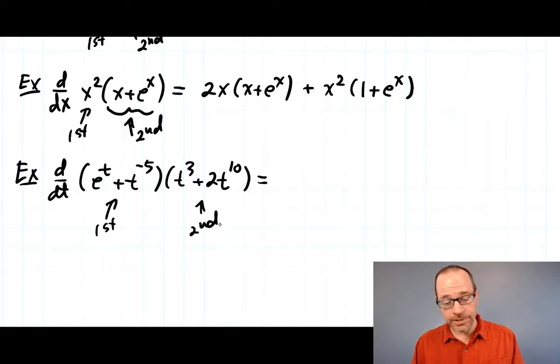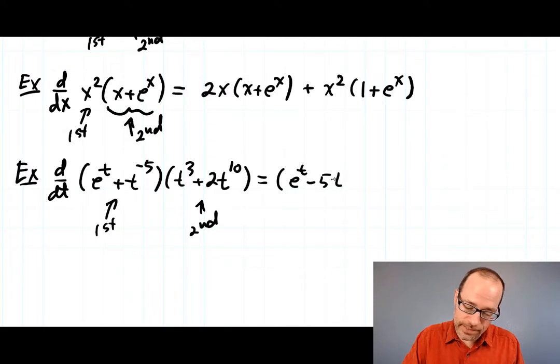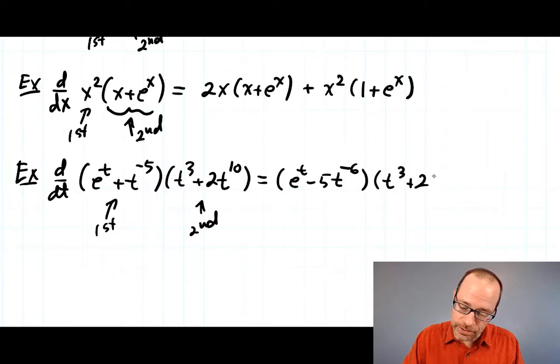And the product rule says take the derivative of the first, so that's e to the t minus 5, t to the minus 6, and then leave the second one all alone, t cubed plus 2t to the 10th.